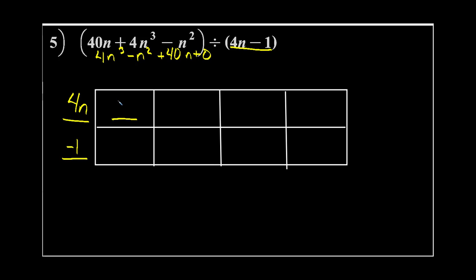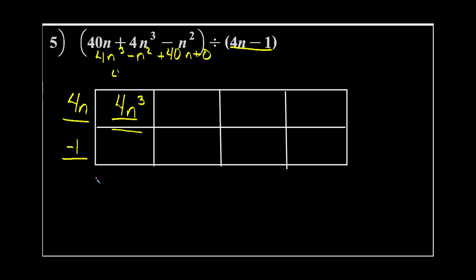And then in the first box inside, we're going to put our highest powered variable. And now let's go ahead and do the same thing we've been doing. So we're going to start with dividing 4n cubed by 4n.